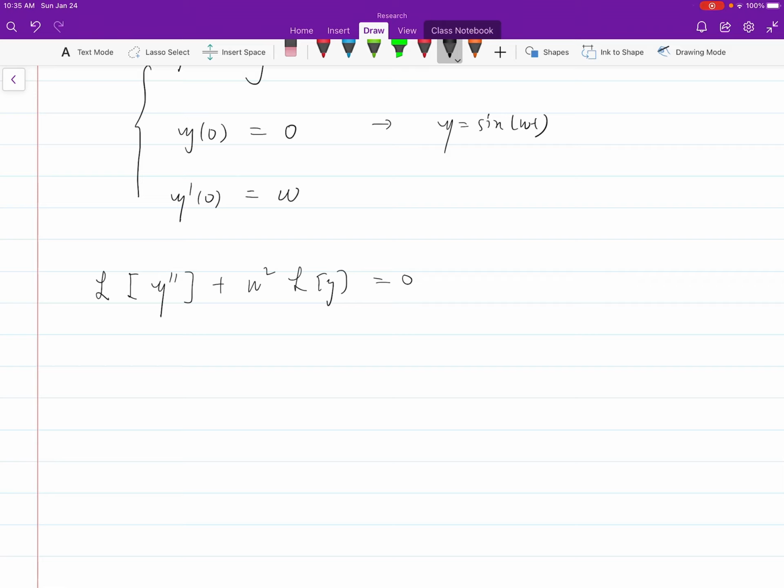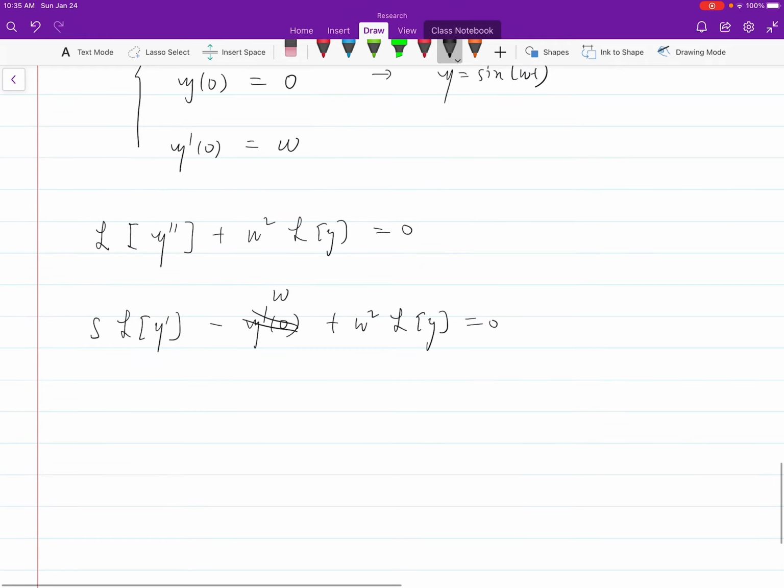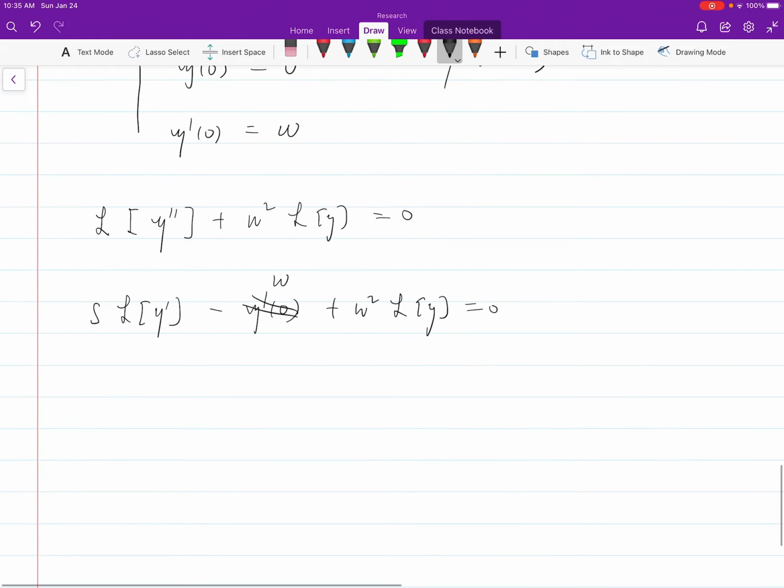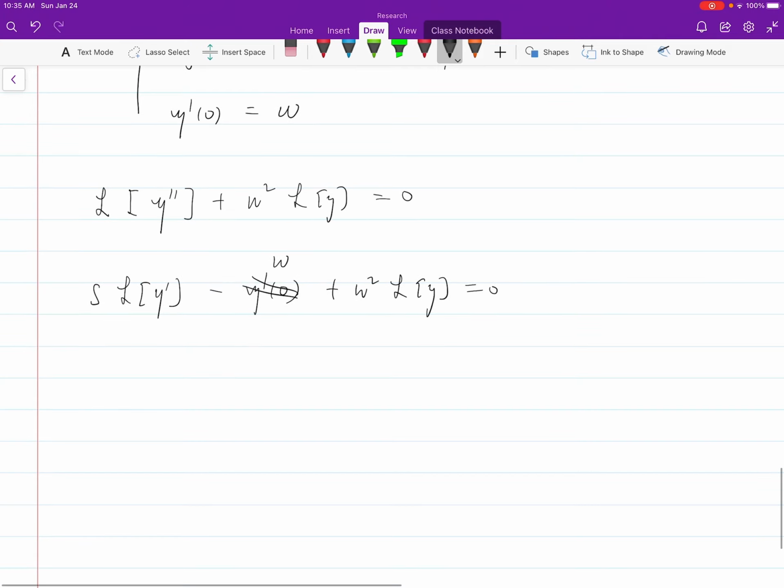Okay. Now let's do it. It's going to be s L y prime minus y prime 0, but we know it's omega. Not in general, but just for y equals sine omega t. It satisfies this. Okay, now do it again.